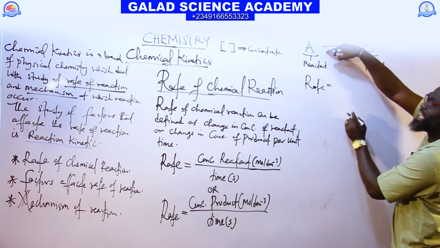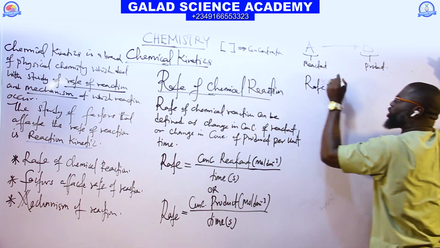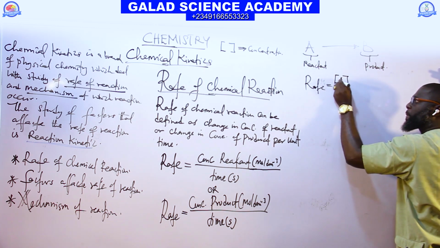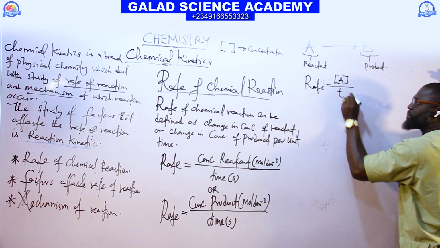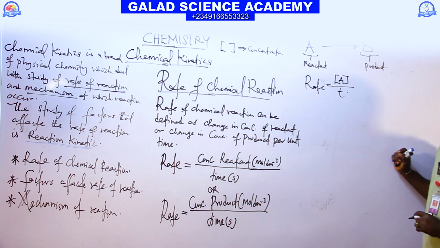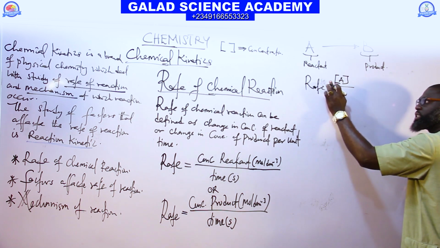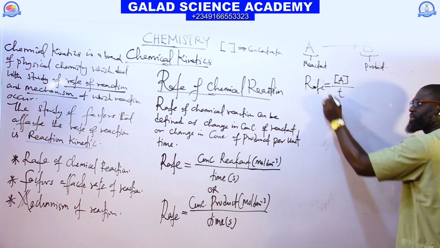What is our reactant here? It is A. So this is the concentration of A over time. This is the rate for reactants.